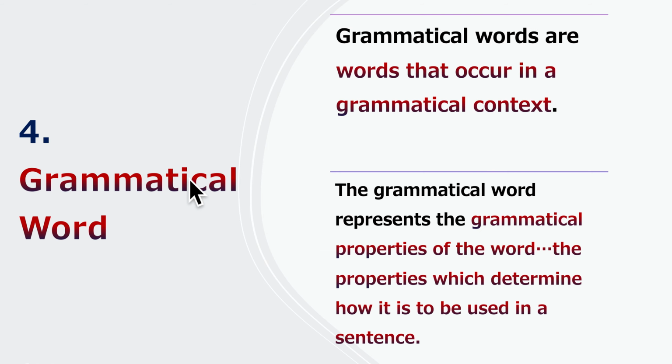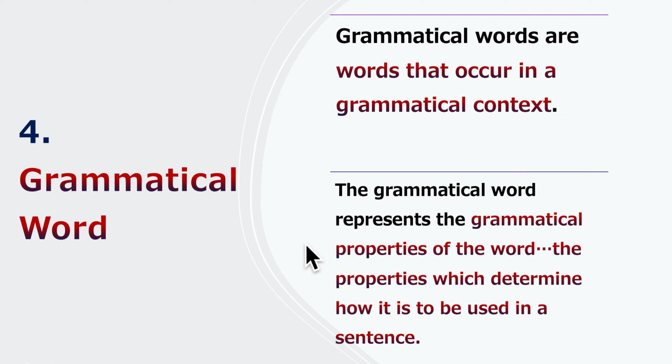We move on to the next, that is point number 4, grammatical word. Grammatical words are words that occur in grammatical context. The grammatical word represents the grammatical properties of the word, the properties which determine how it is to be used in a sentence.